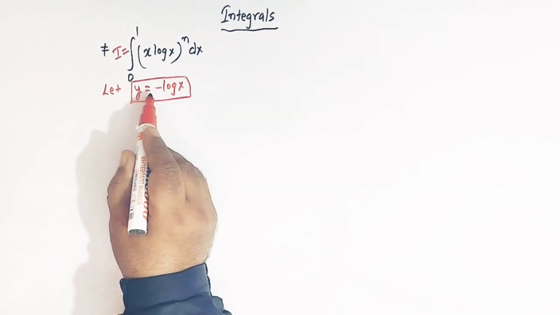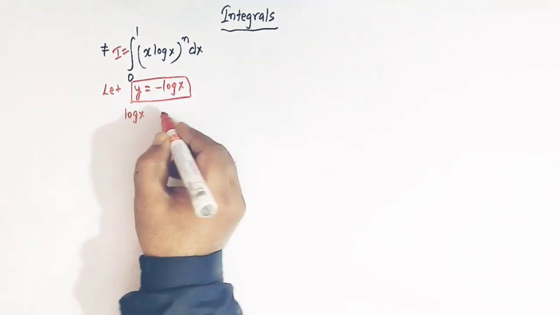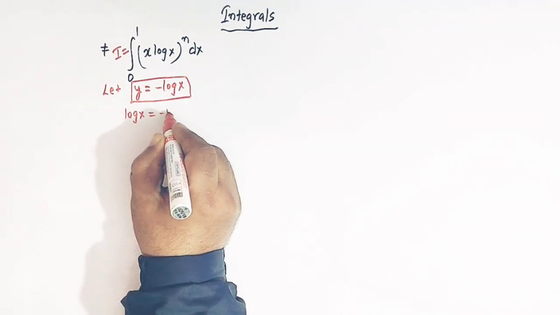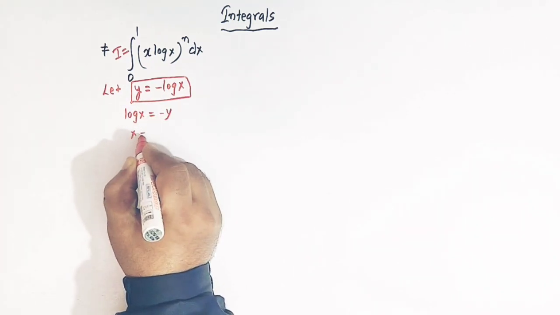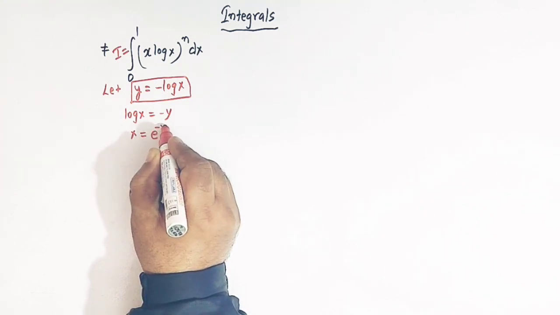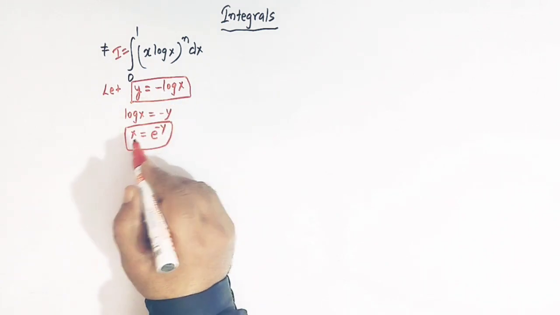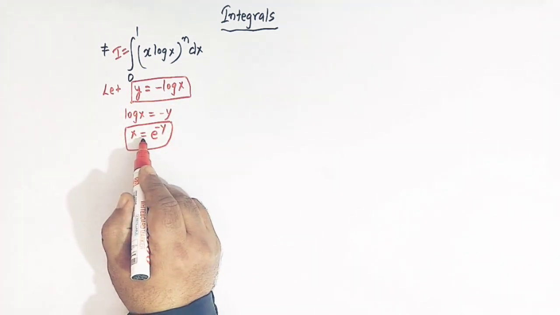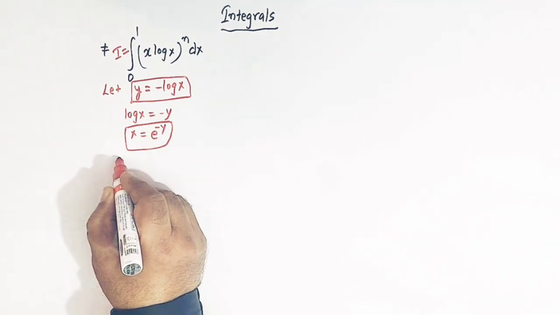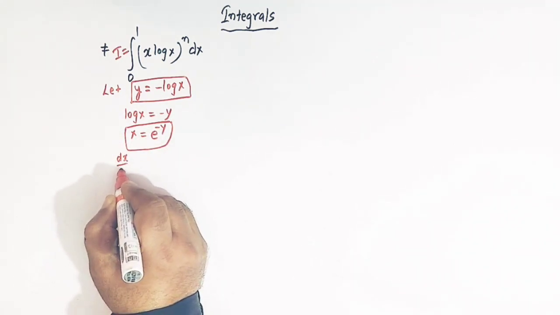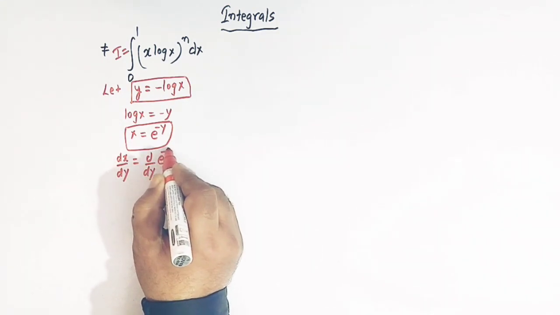So now when y is equal to negative of log x, then log x can be written as equal to minus y, and by definition of log, we can write x is equal to e raised to minus y, right? Okay, now let us differentiate x is equal to e raised to minus y with respect to y, right? So what we will get, dx over dy is equal to d by dy of e raised to minus y.